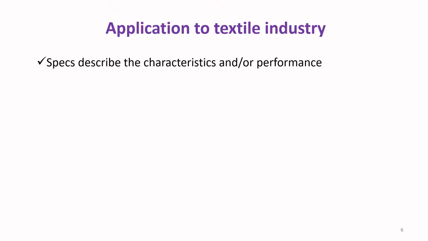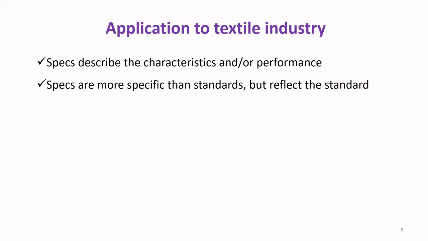Now, specifications describe the characteristics and/or performance of the product or the service. Specifications are more specific than standards, but they reflect the standard. A standard can be, let's say for Reebok, all t-shirts should be machine washable. That's a standard.